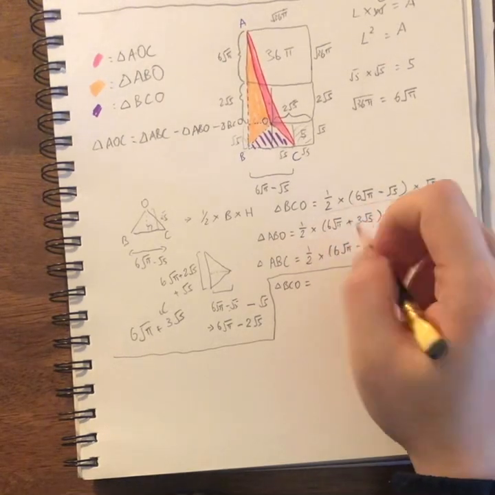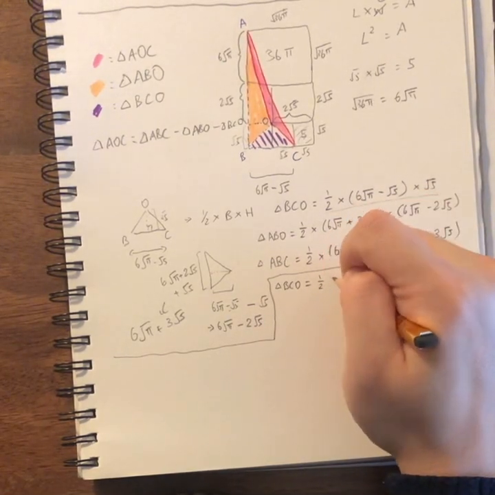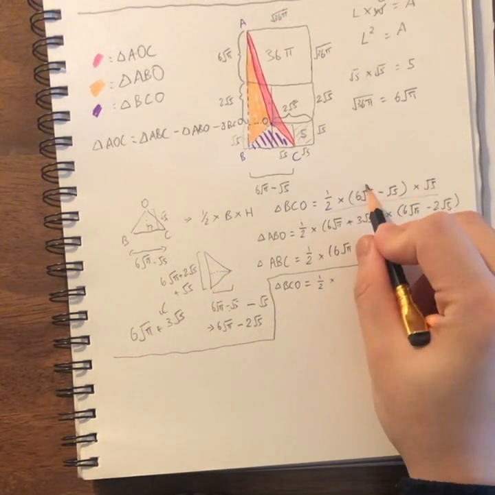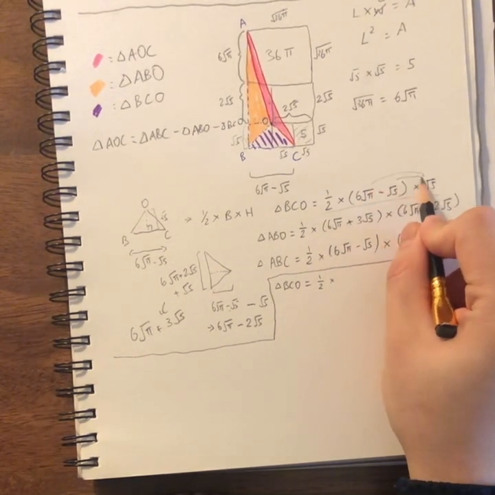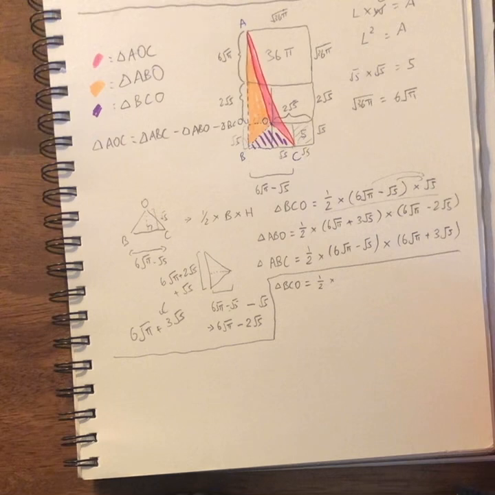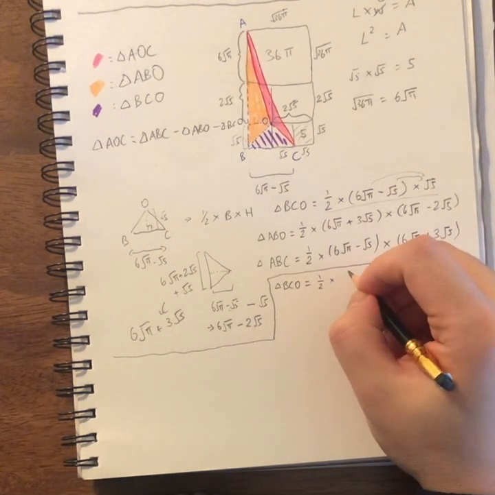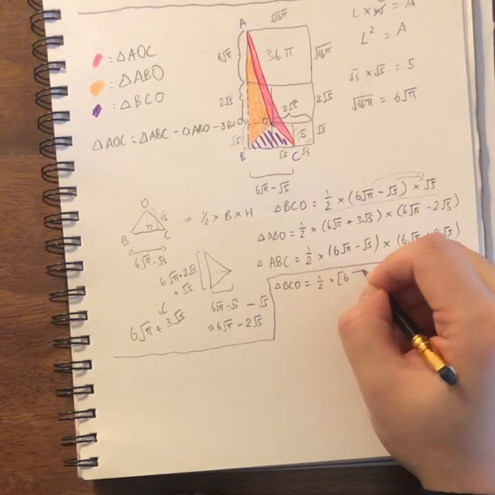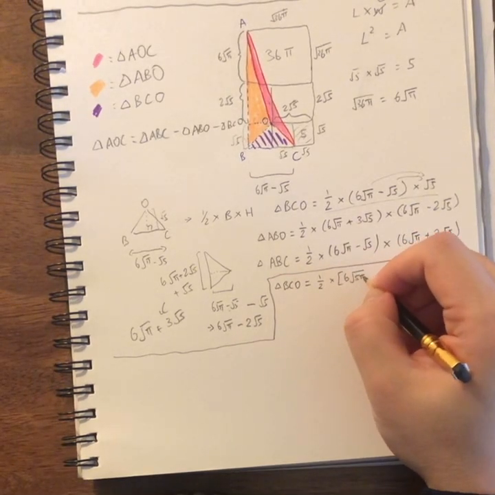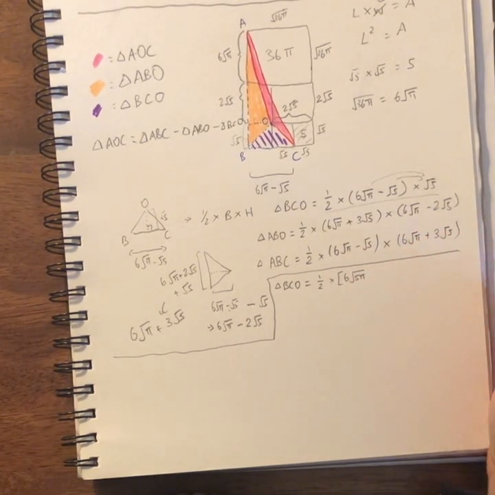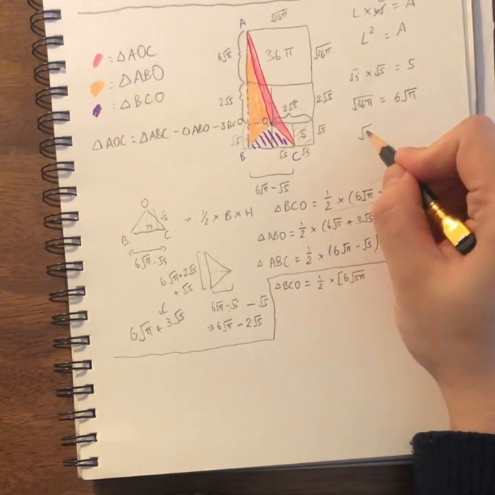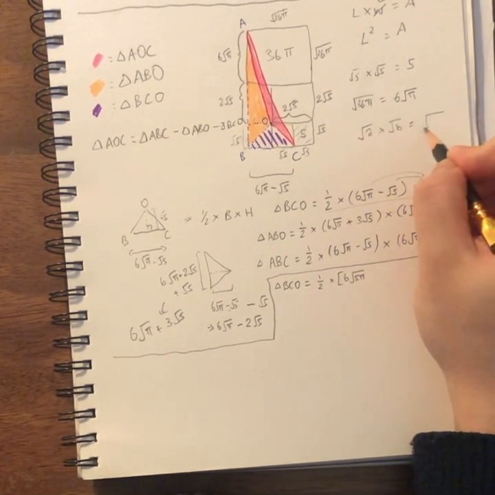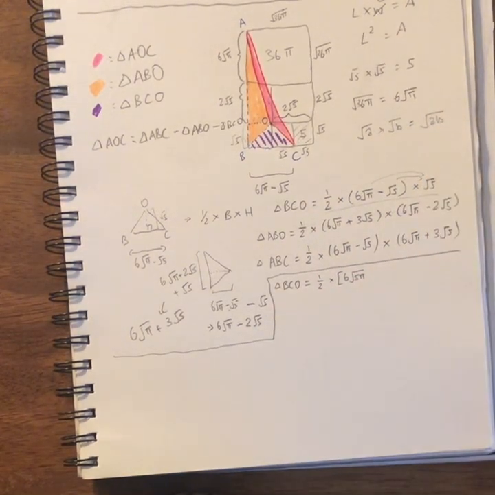is half times, well, this minus this times this means this times this, this times this. So I'm going to go 6 root 5 pi, because that's an interesting identity there. Anytime you do root A times root B, it's the same as the square root of the product.